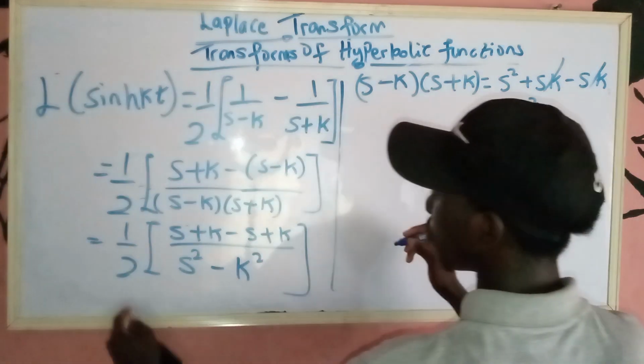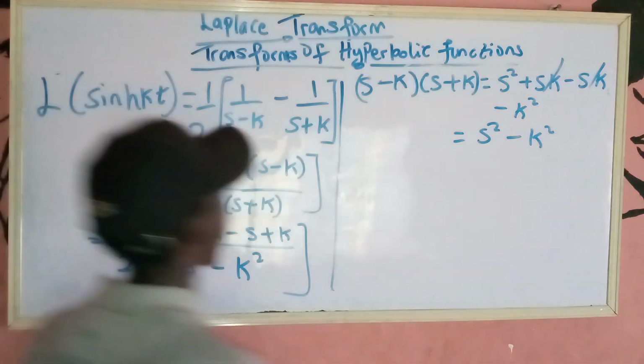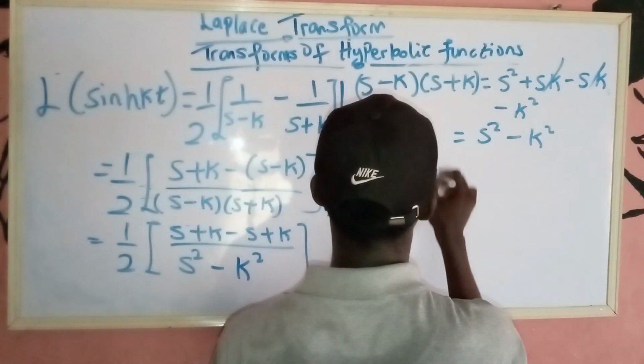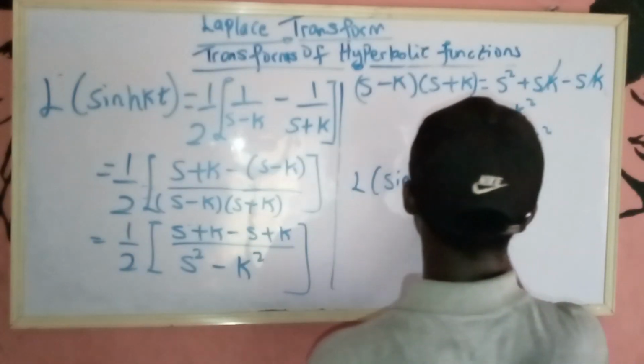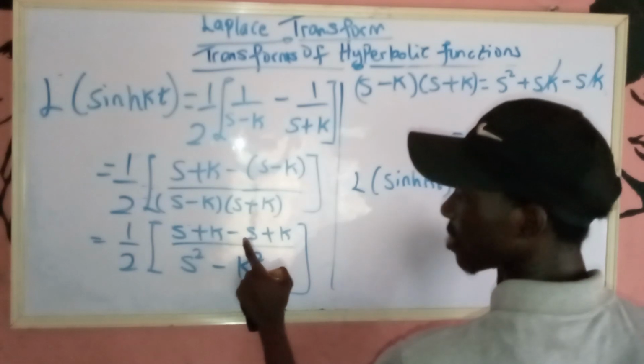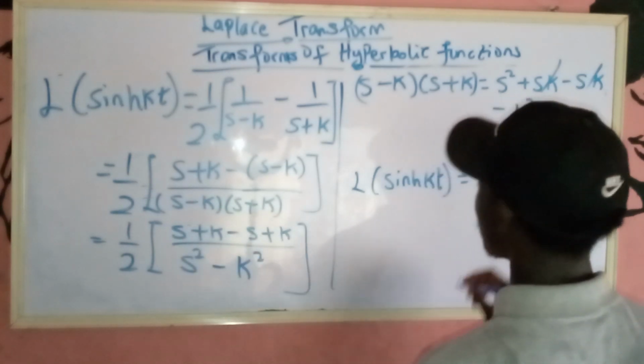Now continuing what I was doing before, I have a half here. So that means my answer will be equal to half. Now this minus s cancels this minus s, and that becomes 0. So you're left with k plus k, which is what? 2k.